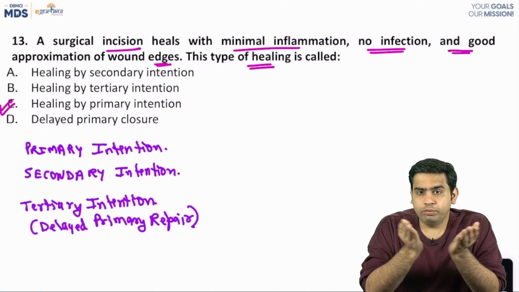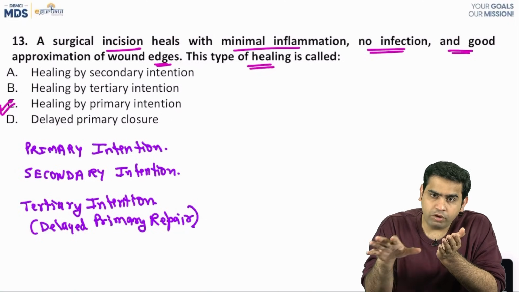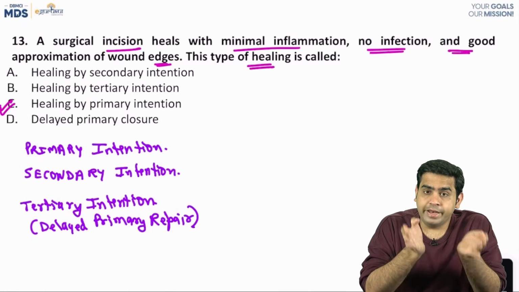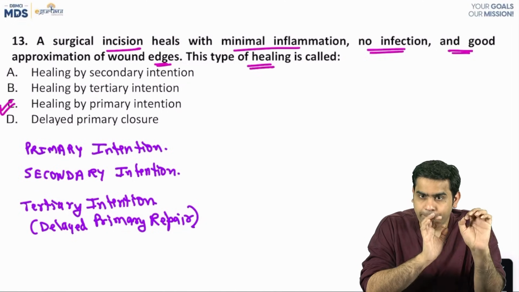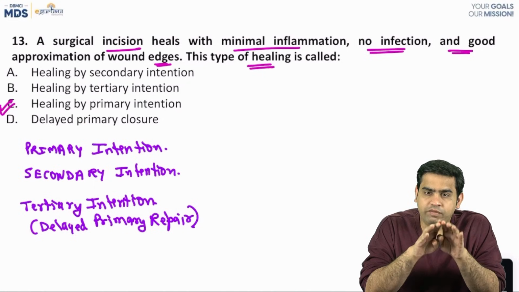You leave the wound open for, let's say, 48 hours, and once the infection has gone or is under control, you bring the two edges together like the primary intention, but not immediately. You're waiting for some time.